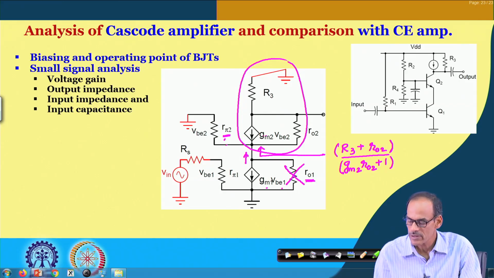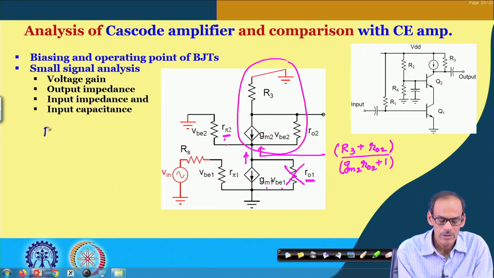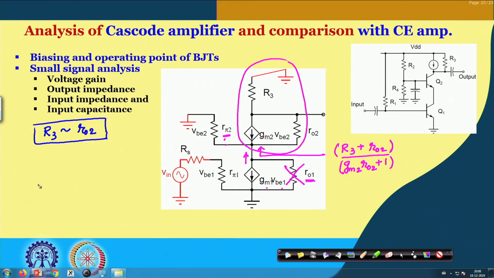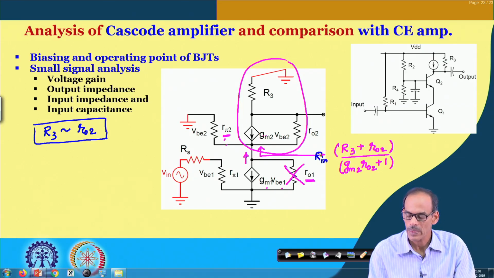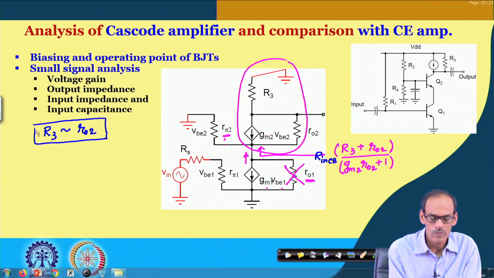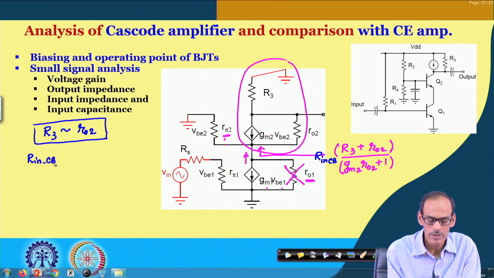If I consider R3 in the order of r o2, then this resistance, if I call it R in of the common base, is r o2 plus R3 over g m2 r o2 plus 1.